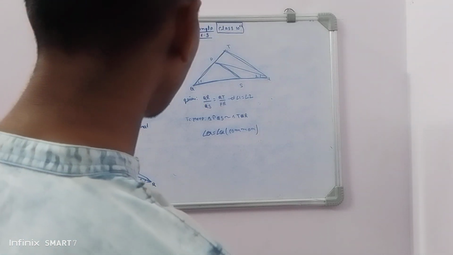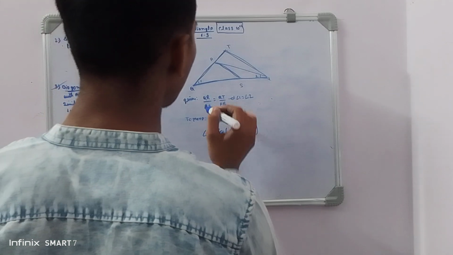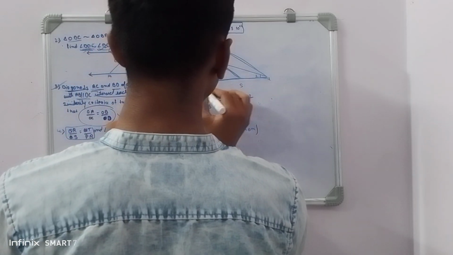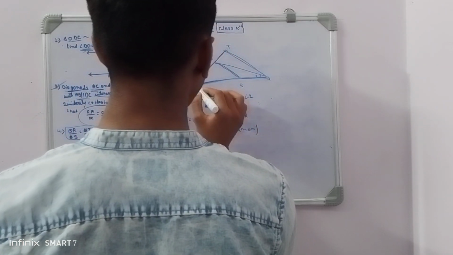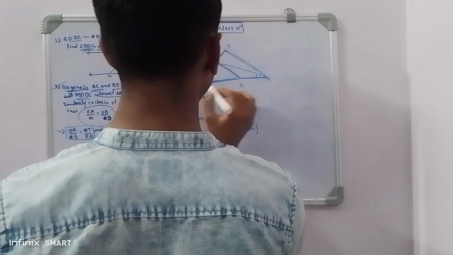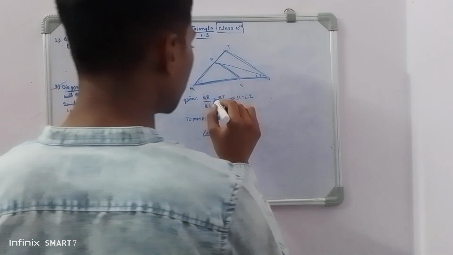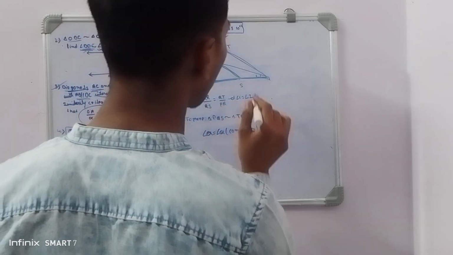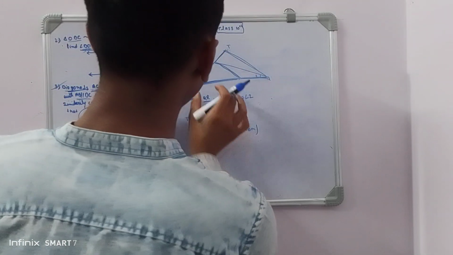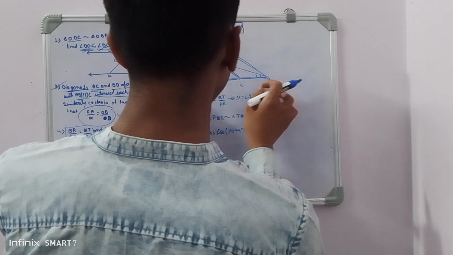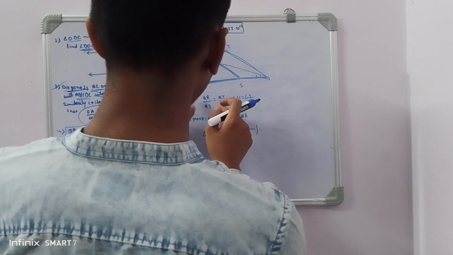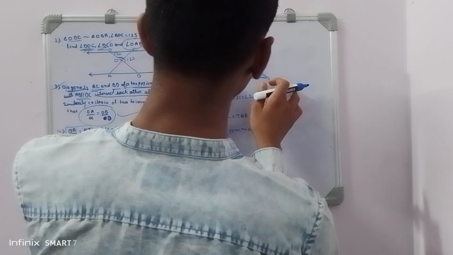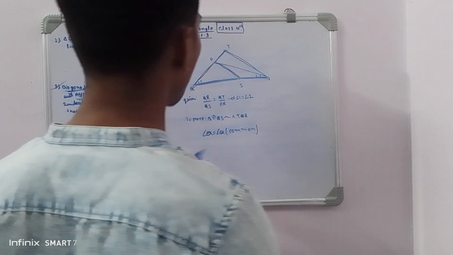Now the other thing you can say is that, as we have that side QR by QS is equal to QT by PR, we have been given that.